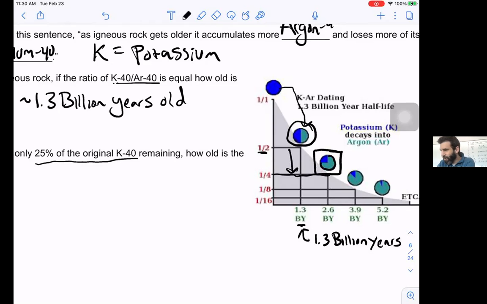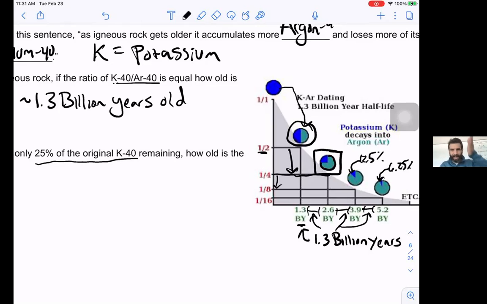And if we went down another half-life, we would see that this represents only 12.5%. And then this right here represents 6.25%. The distance between these, you might be able to see, is always 1.3 billion years.